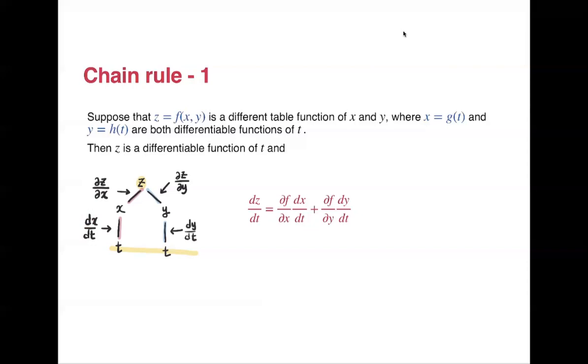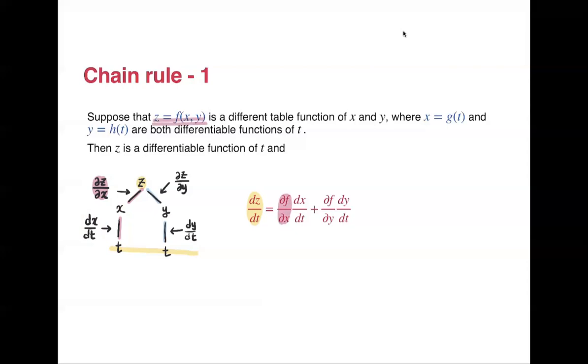Then you can see that to find dz/dt, we found two routes joining z and t. For the first route, we get dz/dx and dx/dt, and we just multiply these. Here dz/dx is the same as df/dx, because z is just f in our setting.